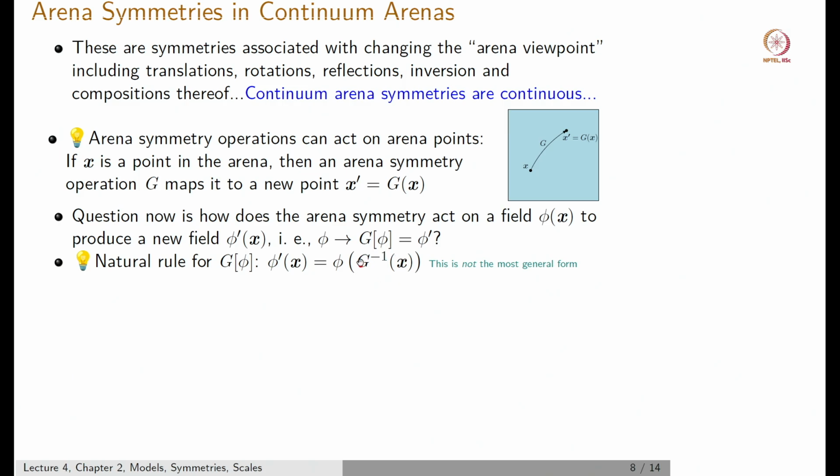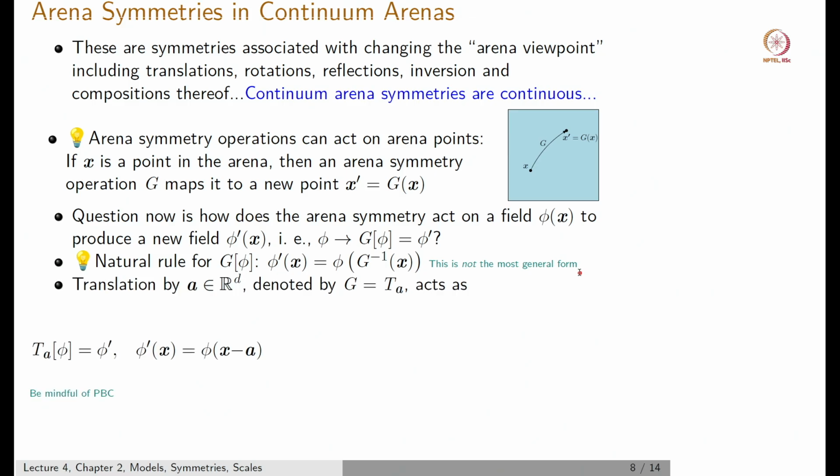G inverse of x is the point which was mapped to the point x by the action of G. And then you find the field at that point, and that is what we assign as the value of phi prime at x. I must point out that this is not the most general form, but this form will suffice for us in our discussions.